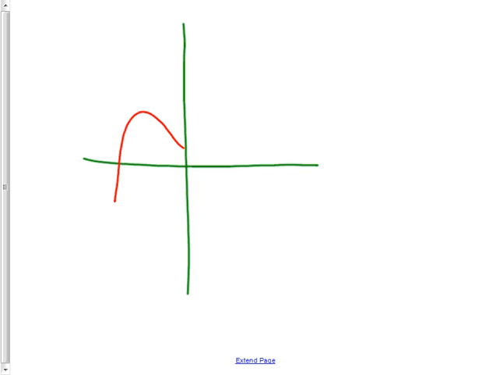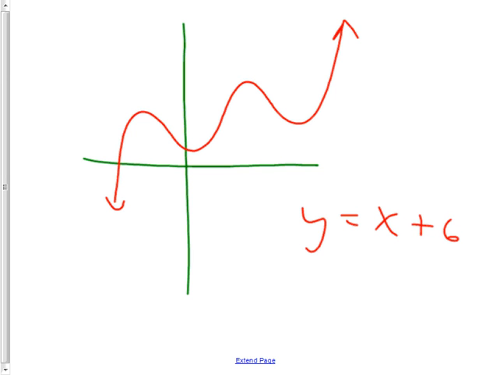Did you know that how many turns something makes tells you something about what degree it is? You got to be careful with this one, but this could not be degree 1. Do you get that there's no way this could be a first degree, as in a y equals x plus 6? You know what those look like, right? What are they? They're straight. This has all kinds of curves in it, so it can't be degree 1.